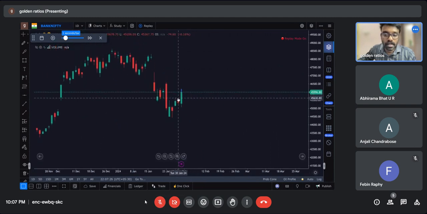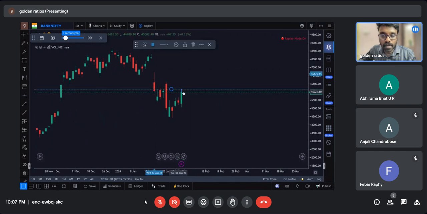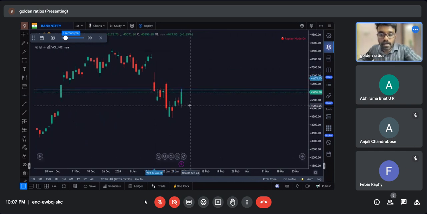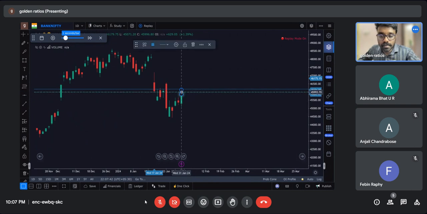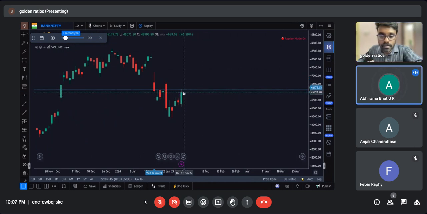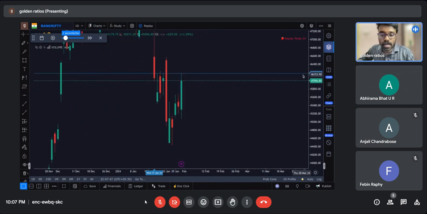This is the 31st, the last candle, the 31st day's candle. So what you will do, we will be taking a horizontal line. We will be drawing the high. So what it is, a resistance of 31st.